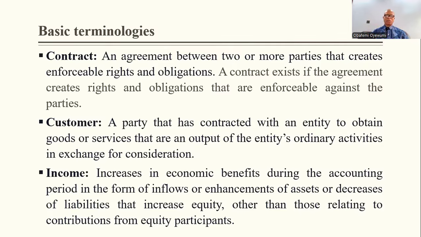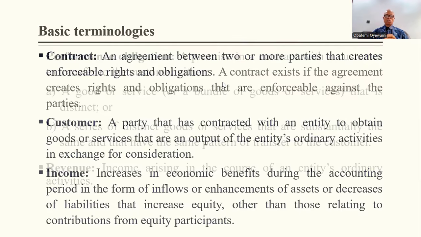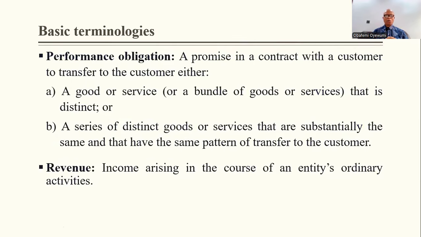Let's look at another terminology, and it is related to what is called performance obligation. What's a performance obligation? A performance obligation is a promise in a contract with a customer to transfer to the customer either one, a good or service. Two, a series of distinct goods or services that are substantially the same and that have the same pattern of transfer to the customer.